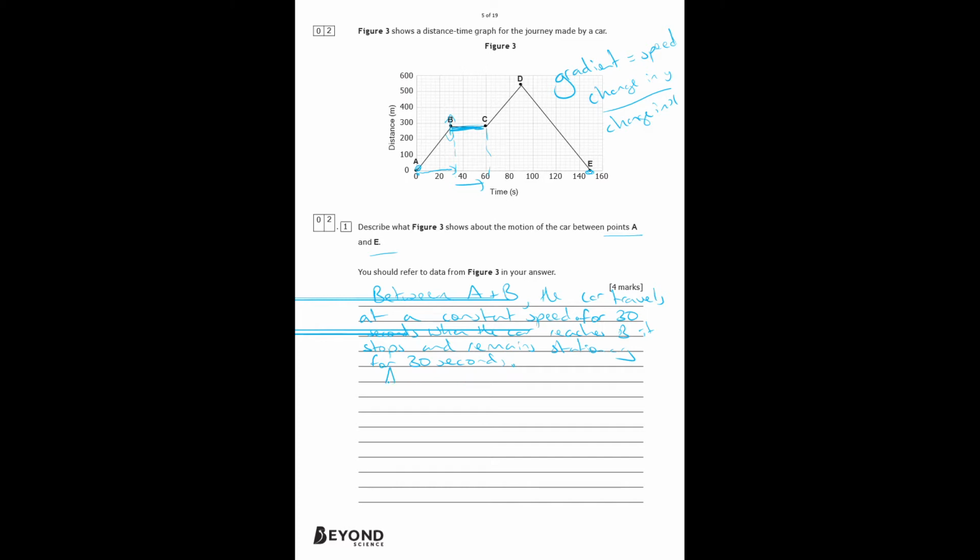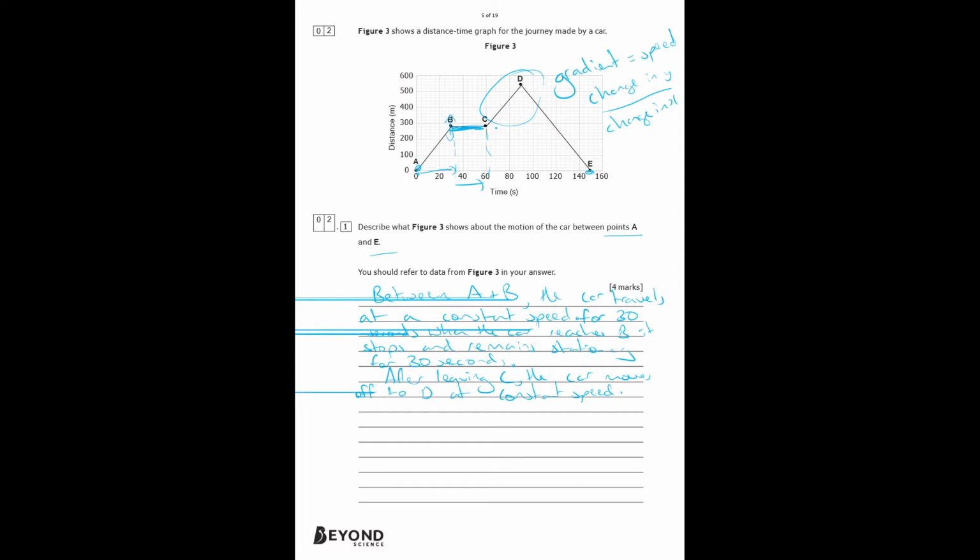Okay, after leaving C, the car moves off to D. Between C and D here we have a straight line again, so at constant speed. Let's actually work that speed out this time. So between C and D, 60 seconds to 90 seconds.